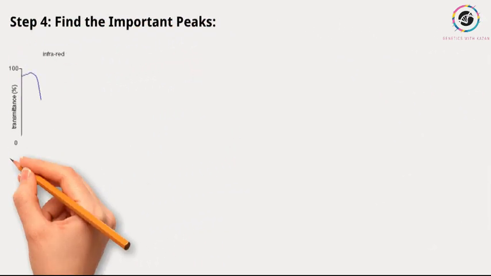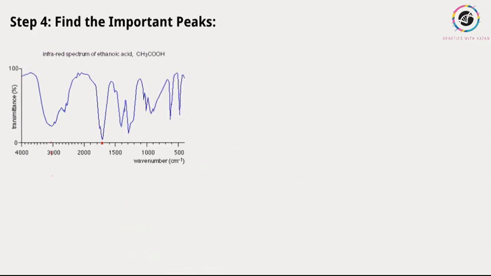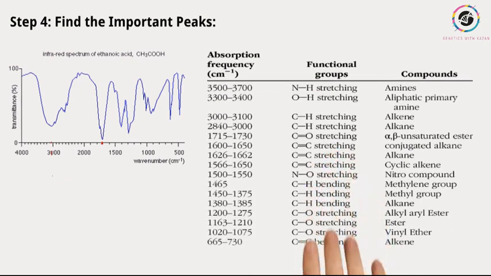Step 4. Find the important peaks. Assign peak positions to the absorption bands based on their wave number or frequency values. Consult reference tables or databases to match the peak positions with known functional groups or molecular vibrations. This step helps in identifying the types of bonds and functional groups present in the sample.